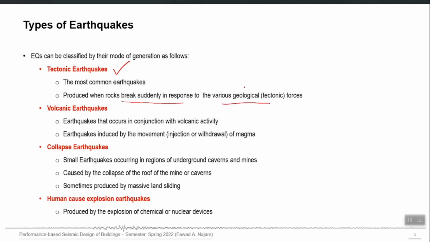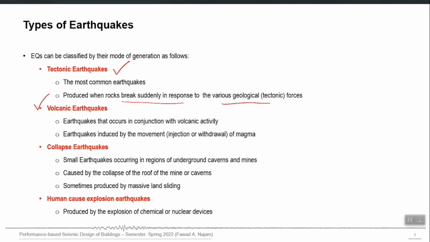I'll give you an idea about what actually caused those forces, which ultimately store energy and then release it in the form of earthquakes. There are volcanic earthquakes also. As the name indicates, they are associated with volcanic activity. So volcanism is also a geological phenomenon which is closely related to earthquakes, right?